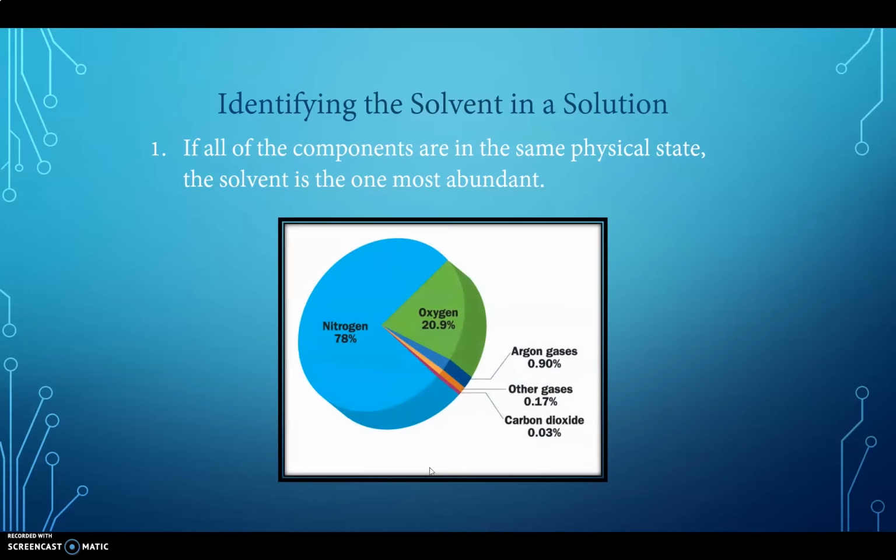A good example would be air. Air contains a number of different gases. Nitrogen is the most abundant of those gases, and therefore we would consider nitrogen to be the solvent in air. And the oxygen, the carbon dioxide, argon, etc., those are all solutes.